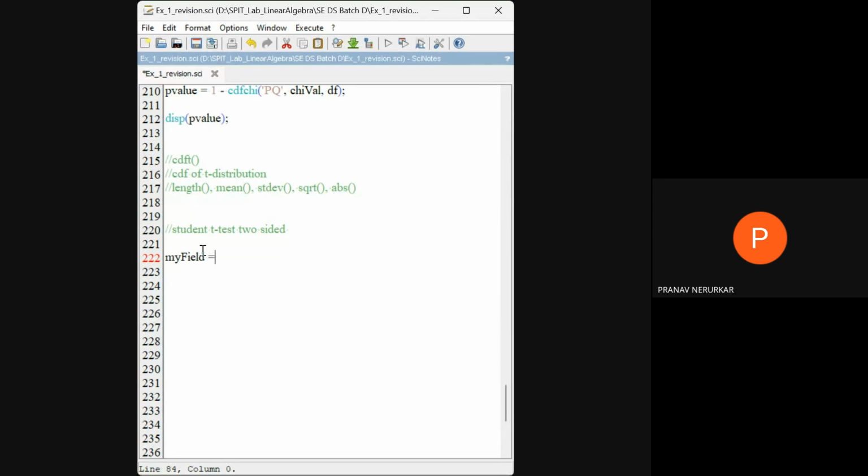So let us have dummy data. Let it be this dummy data. I want to find out whether the mean of this is equal to 14.5.